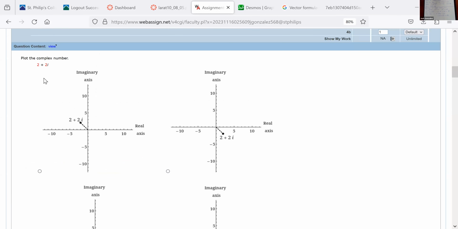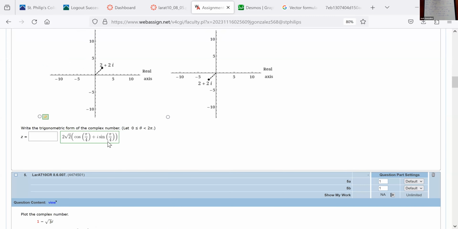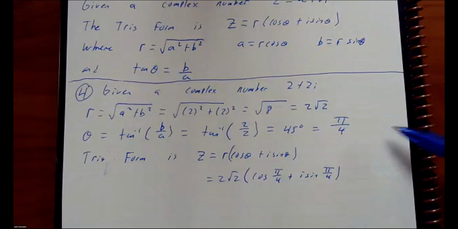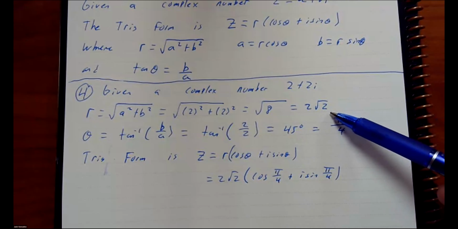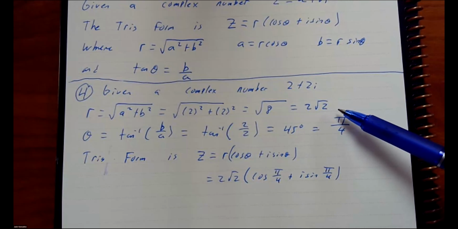So to change a complex number to trig form, you need the r and the theta. That's it. Get the r with this, which is basically kind of like the magnitude. R is the radius, which is similar to the length, right? Because it's in the center. Very similar to the vector magnitude.